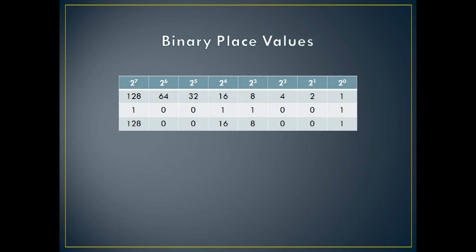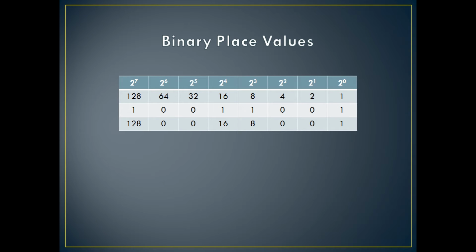The 16th place value is going to be 16 because there's a 1. The 8th place is going to be 8 because there's a 1 there. The next two columns both have zeros, so the value of those columns are 0, and the ones column has a 1 in it, so that is going to equal 1.